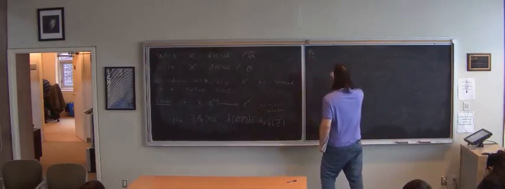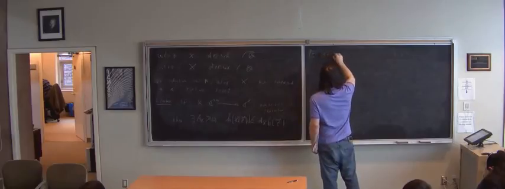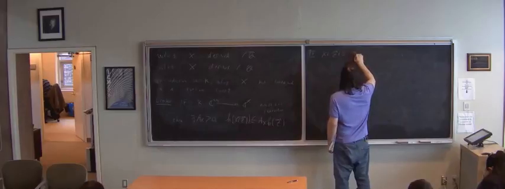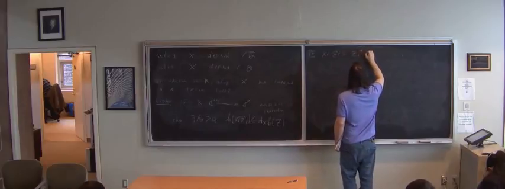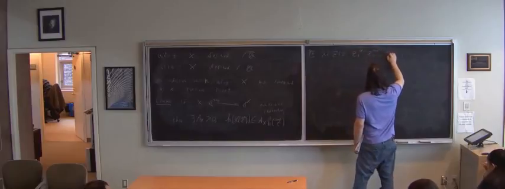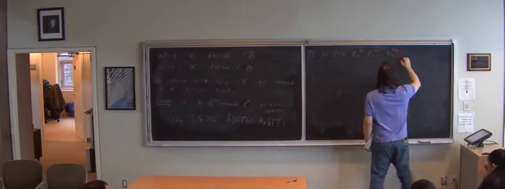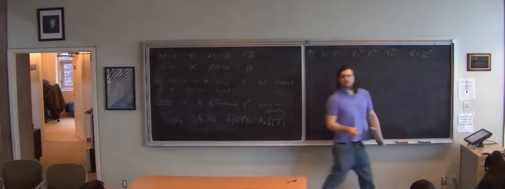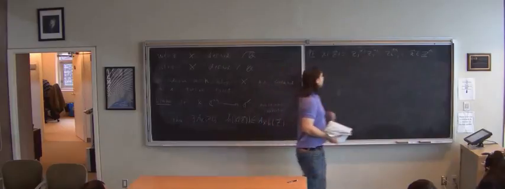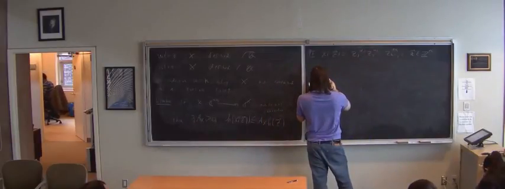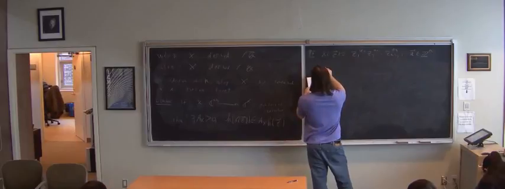The proof is really simple, so we know what the characters are. The characters are all of the form z1 to the a1, z2 to the a2, times zn to the an, where the a's are just some set of integers. And so then by the product formula, we get that.